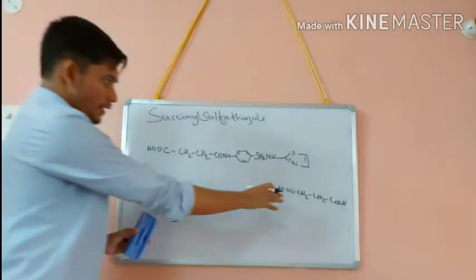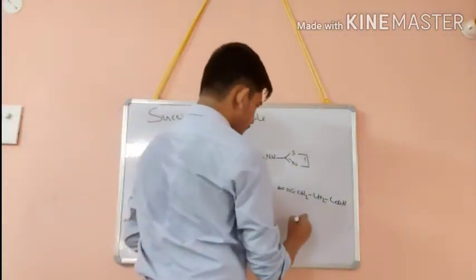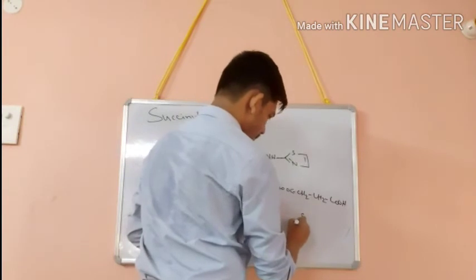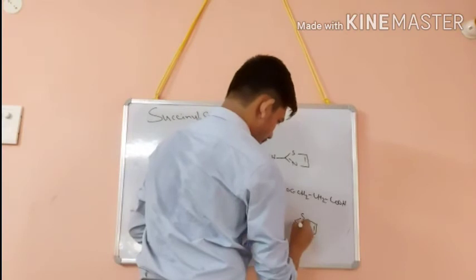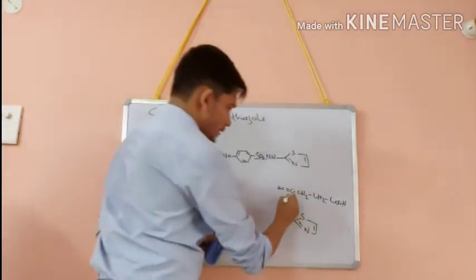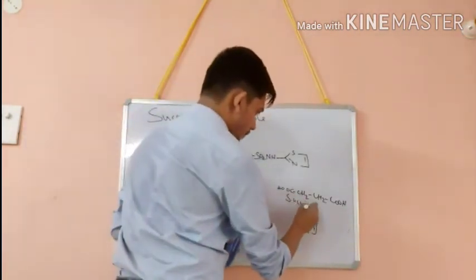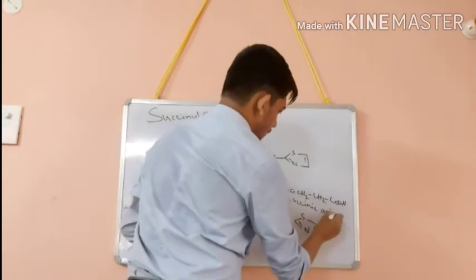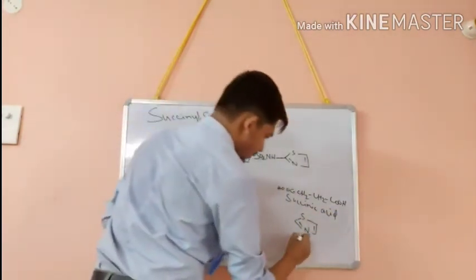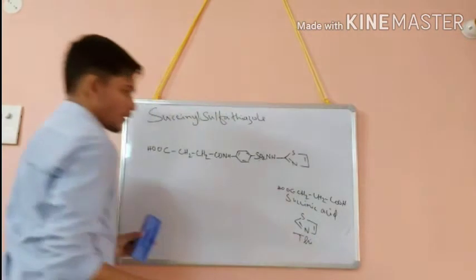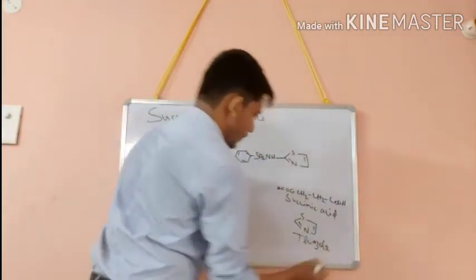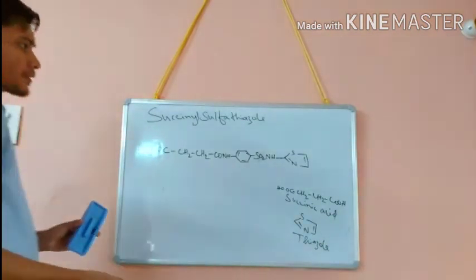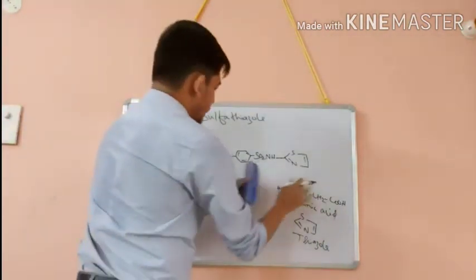And another structure, this one. So this is succinic acid, and this one, in the previous compound we discussed, this is thiazole. So we will get both the structures in this one.